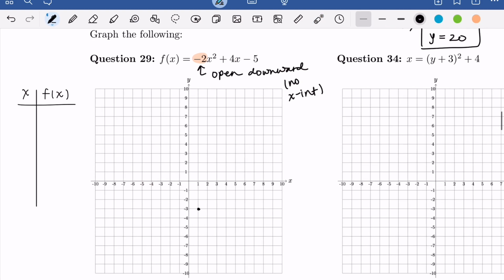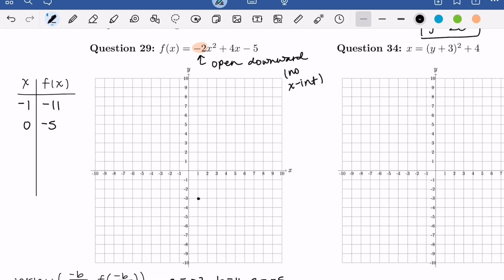So the first thing that I'm going to plug in is -1. If I plug that into our function for our x value, I'm going to output -11, which is actually off this grid here, but that's fine. The next value I'm going to plug in is 0. We can see that we're going to get -5, so if we plot that, we're going to get this point here. Now, let's pick another point maybe in this region here.